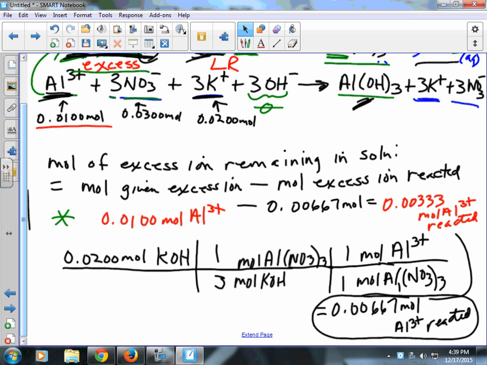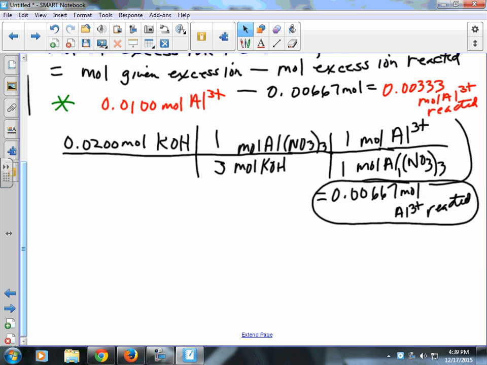Okay, so once you get that down, the next question is, what's the concentration of that excess ion in the solution? Remember, concentration is not moles. It is moles per liter of solution.